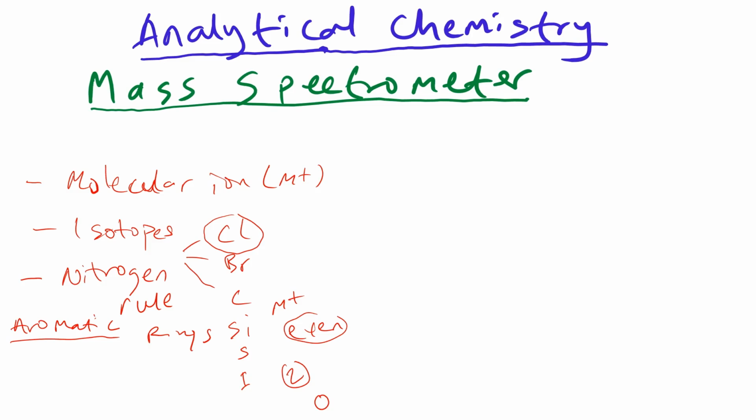Let's look at another functional group, amines. Nitrogen in an amine can be detected by its odd molecular weight, by its odd M+. Remember we said in the nitrogen rule, if the M+ is odd, there's a possibility that it contains nitrogen.